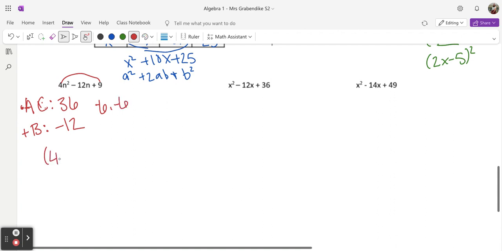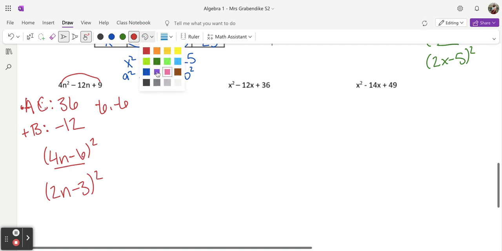So I'd have (4n minus 6) squared, and because they're both the same, I know I can just square it. This, of course, can be simplified, so we have (2n minus 3) squared. This one is very similar, so I'm not going to solve this one. So let's jump to that last one.